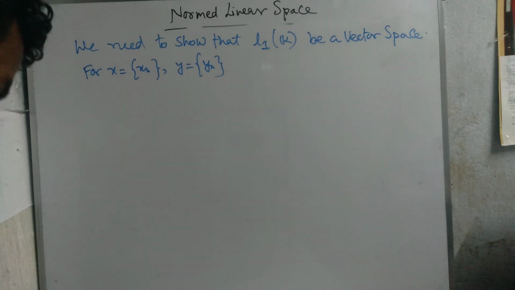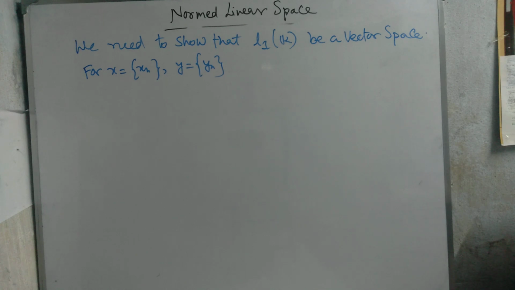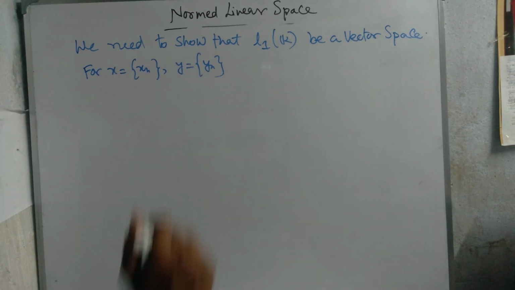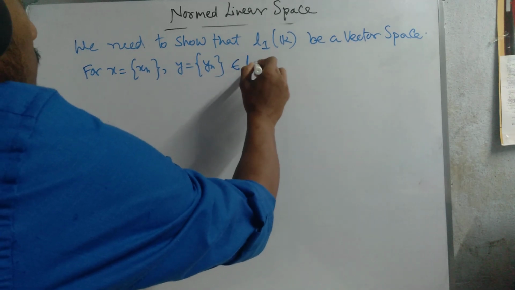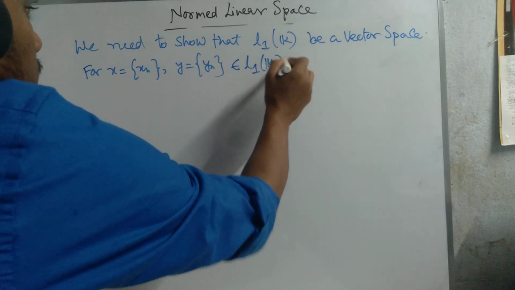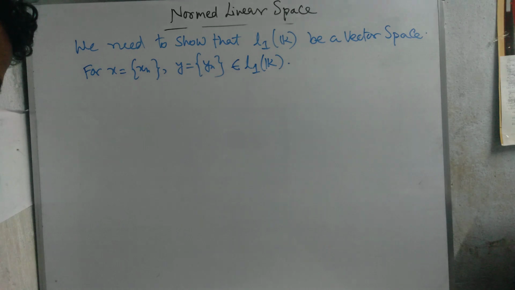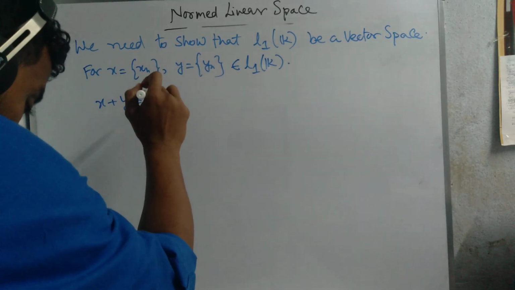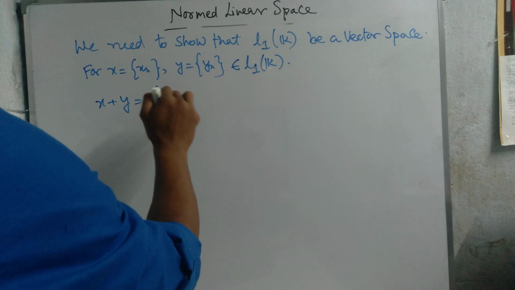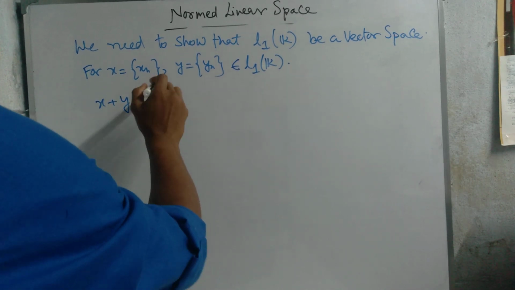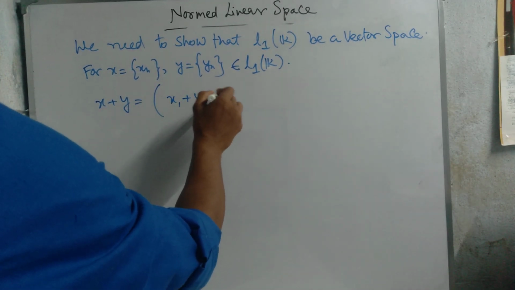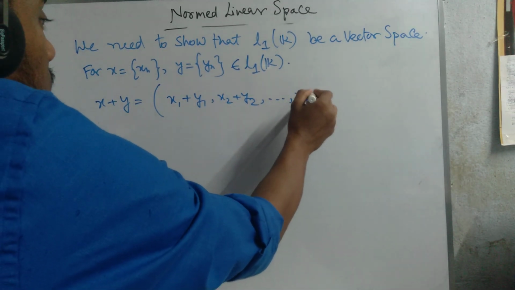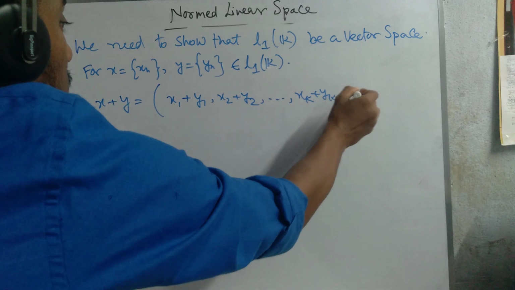So what happened here? Okay, let L1k be a vector space. x and y belong to L1k, and then x plus y equals x1 plus y1, x2 plus y2, dot dot dot, xk plus yk.